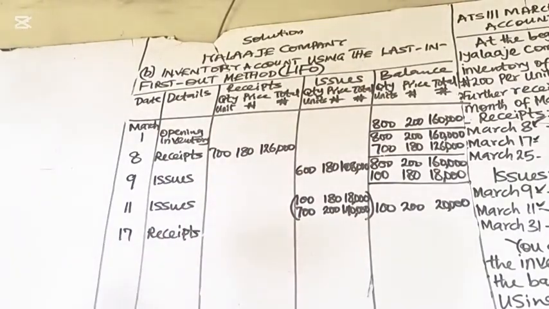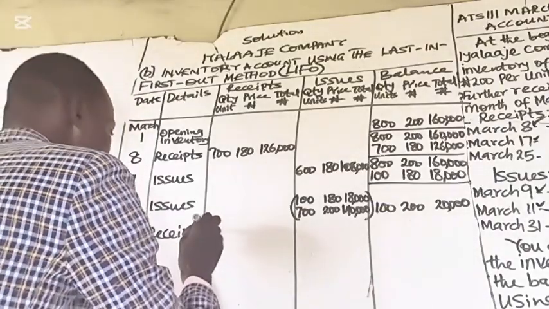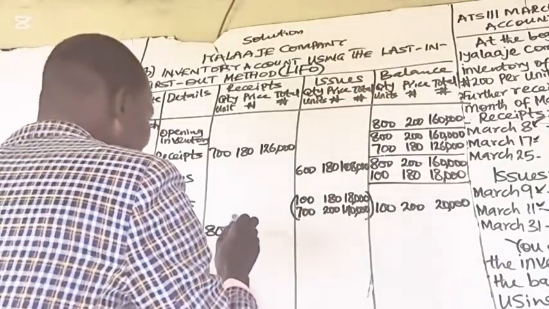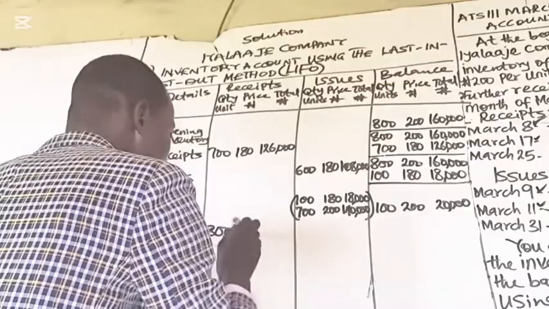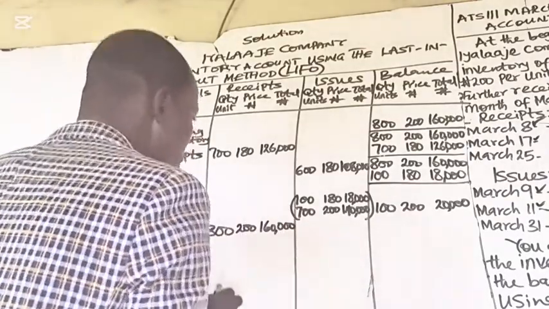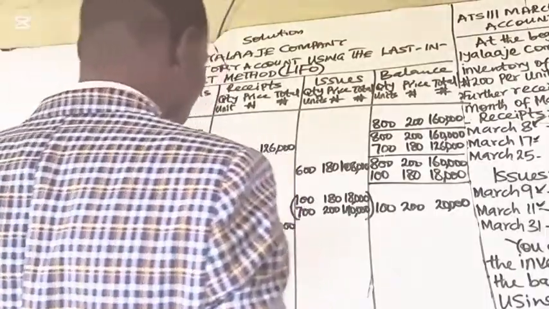So you receive 800 at the price of 200. 800 times 200, that gives us 160,000.